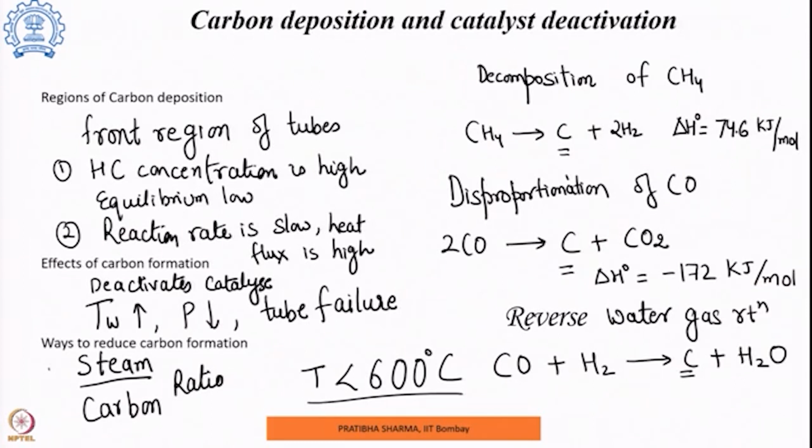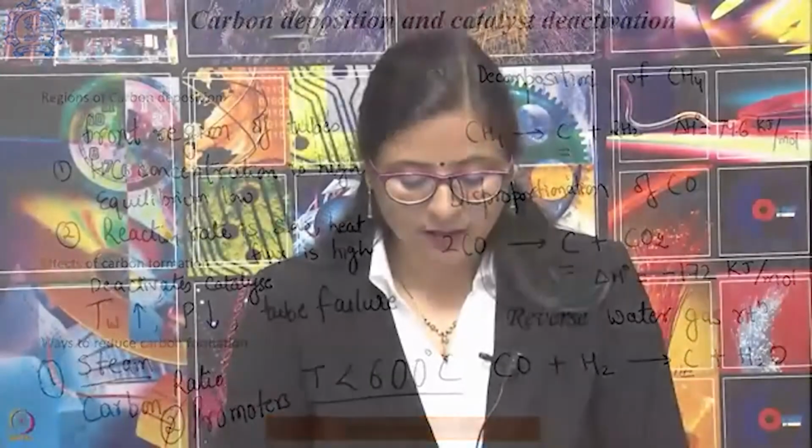wherein we can use promoters. So different promoters could be used along with the catalyst. We will see later that the catalyst, the support as well as the promoters added, play a dominating role in the reformation reaction.